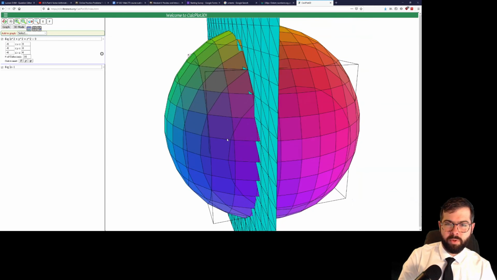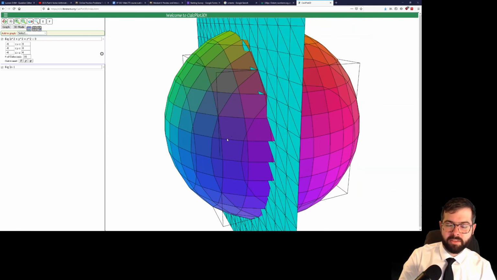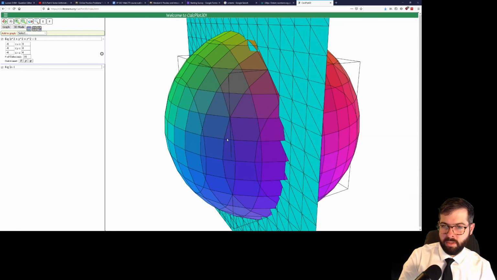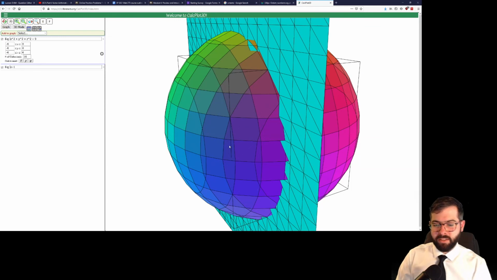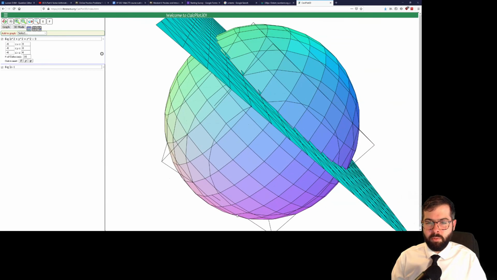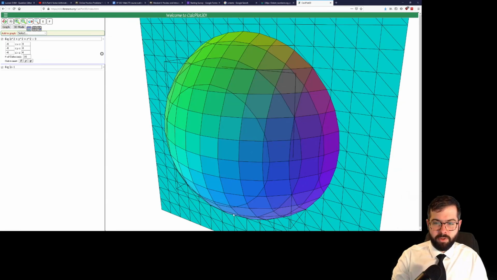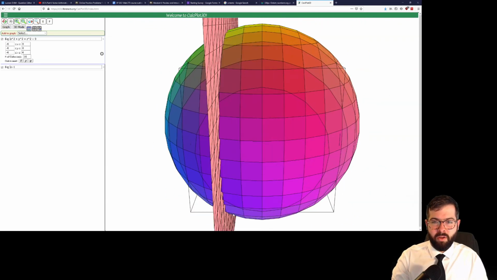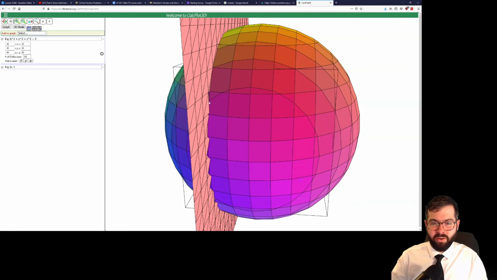So the sphere, when it hits the plane, we get a circle intersection. How does that look algebraically? You get this boundary around here. You guys can see my cursor, right? You get this boundary where the two meet. What is that curve?